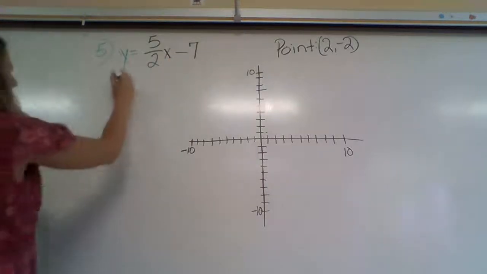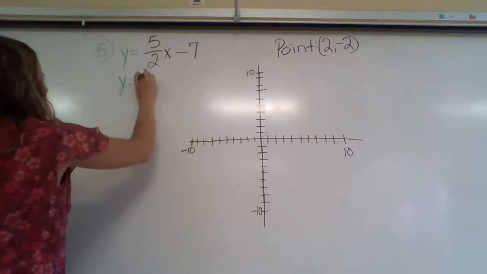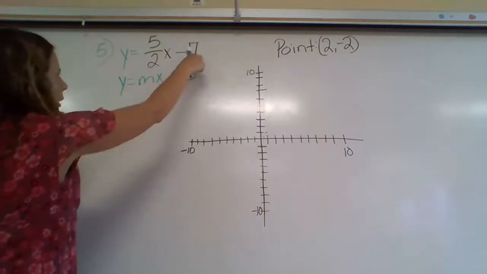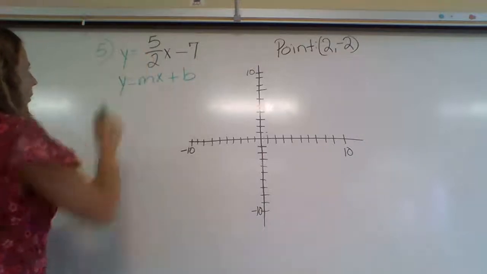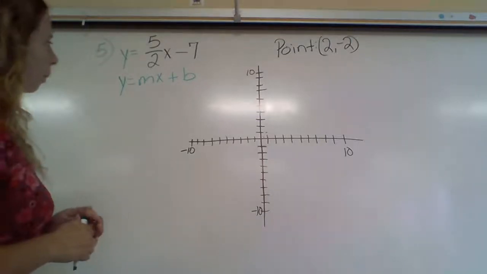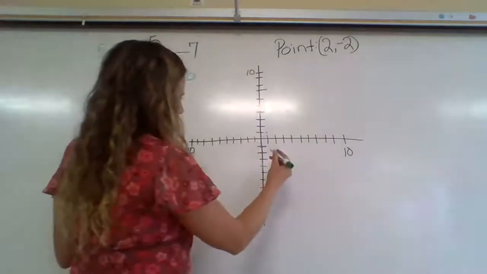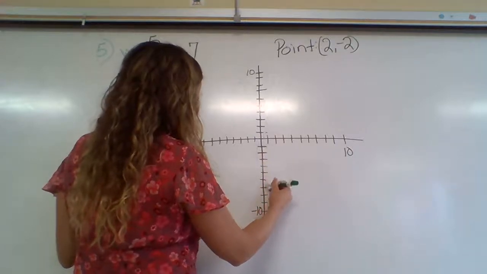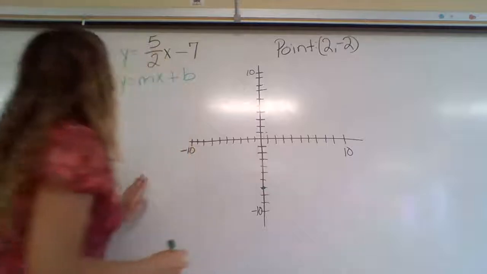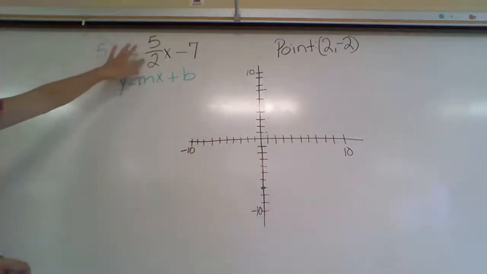So once again, this is in slope-intercept form, which is y equals mx plus b. That's your y-intercept, that's your slope. So I'm going to start with my y-intercept, which is -7. 1, 2, 3, 4, 5, 6, 7. And then my slope is 5 over 2.